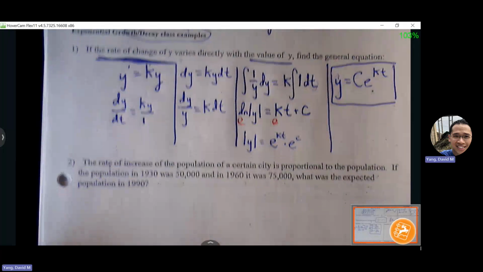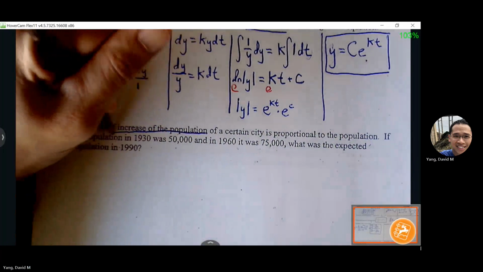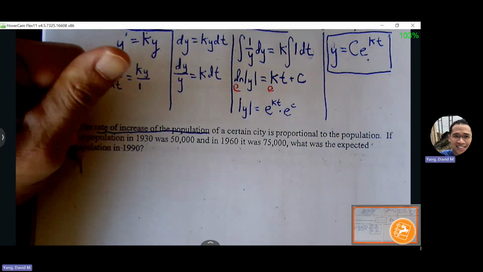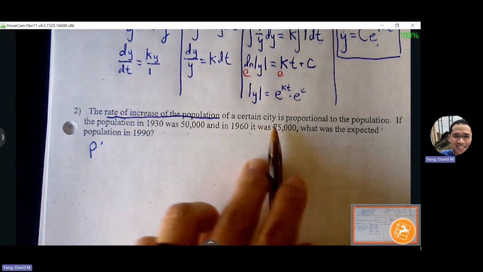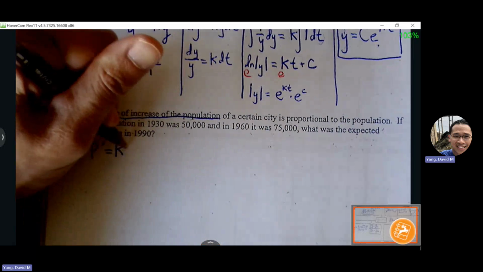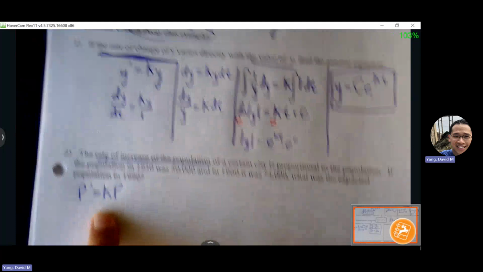Okay, so let's look at number 2 here, the rate of increase of population. So what can we notate that as? dP over dt, or P prime, is proportional to the population. So P prime equals K times what? KP. So this is the same form, right?